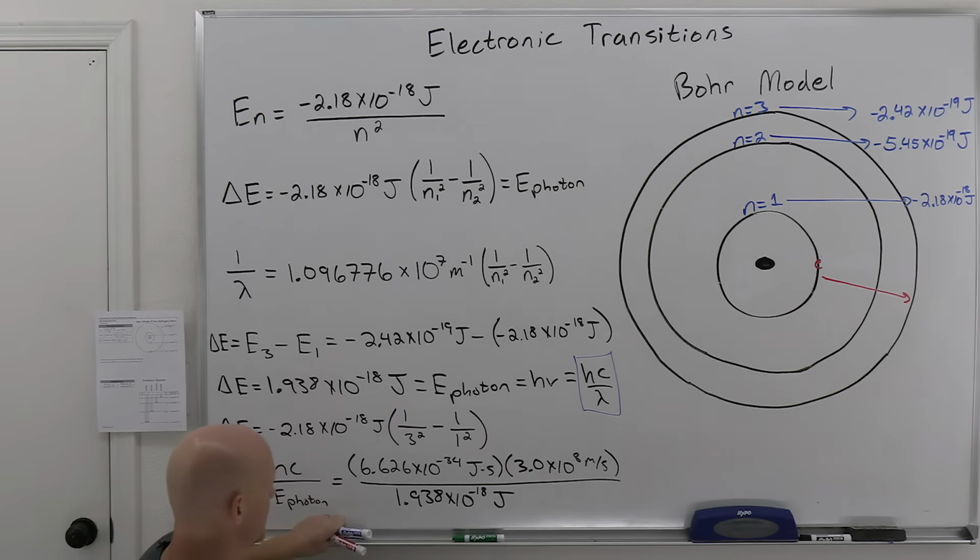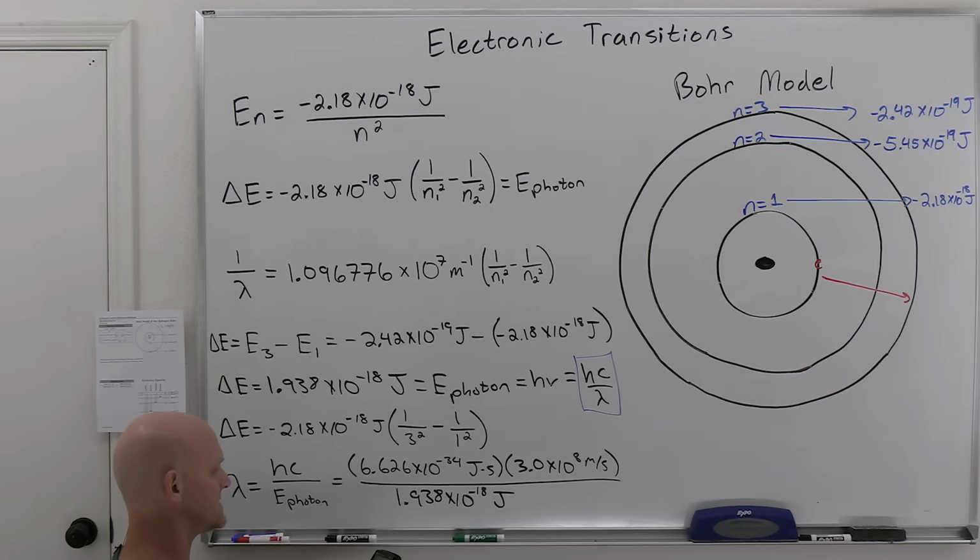Cool, and we'll let our calculator do the work for us. So 6.626 times 10 to the negative 34 times 3 times 10 to the 8th divided by the last answer we just had, the 1.938 times 10 to the negative 18. Oh, I just screwed that up.